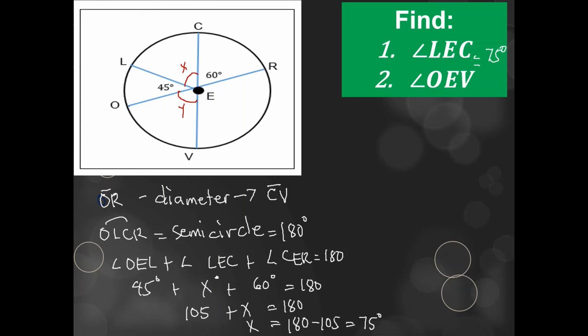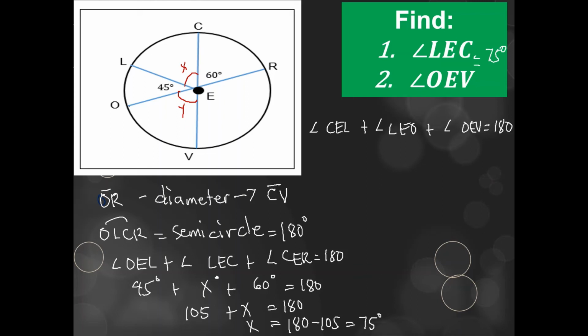So since we already know the value of X, which is 75 degrees, we can also have angle CEL plus angle LEO plus angle OEV equals 180 degrees.